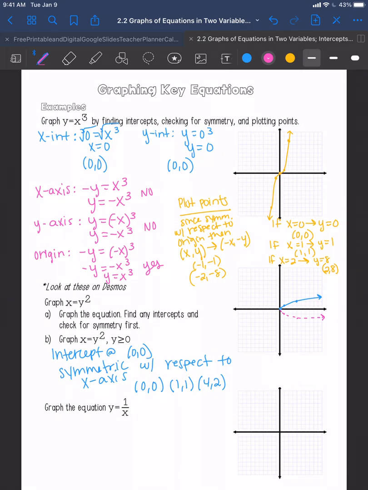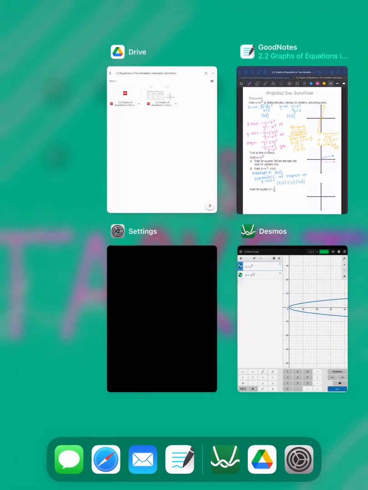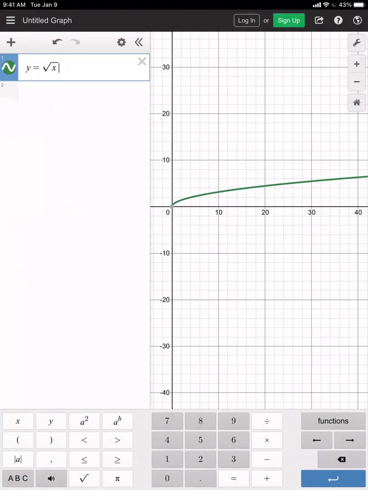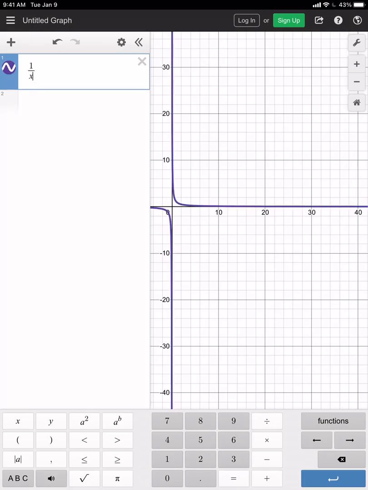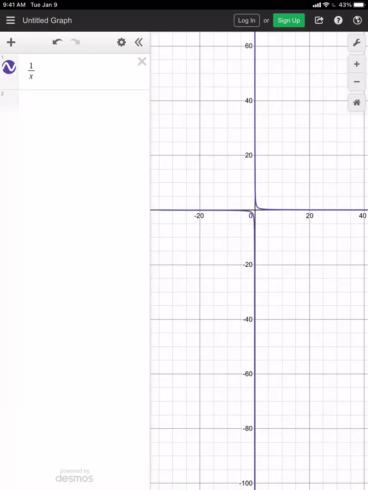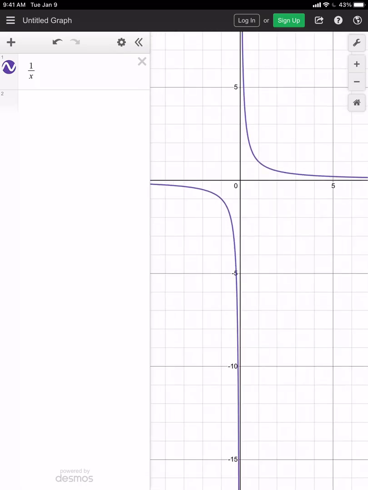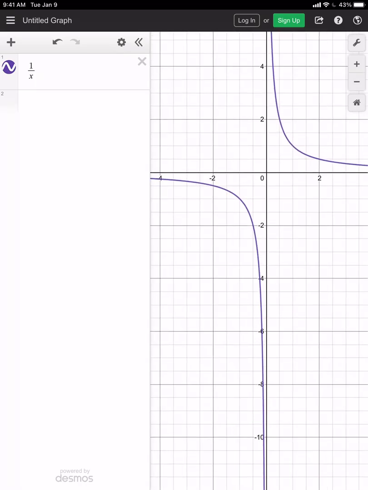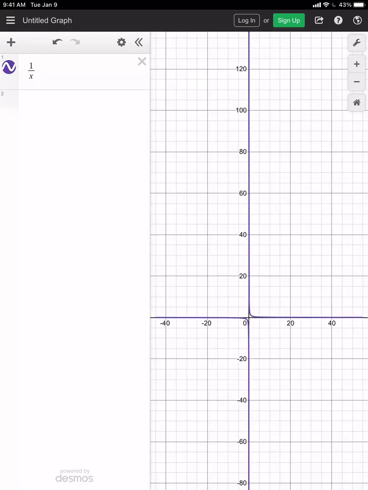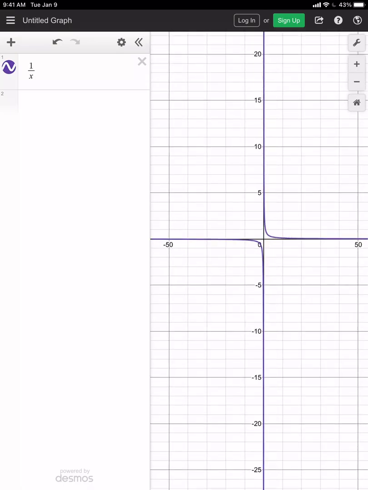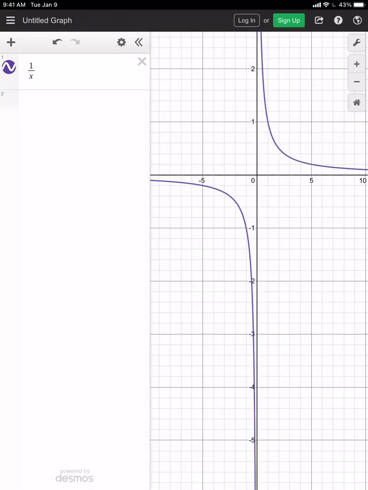And then last here, graph the equation y equals 1 over x. So if we just do 1 divided by x, it looks like this. So you can see there are no intercepts at all. It never crosses the x or y. It looks like it's touching it, but it never is.